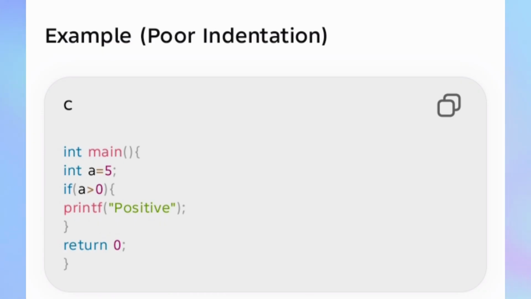Example of poor indentation: int main, int a = 5, compare with 0 and print positive or negative, return 0. There is no indentation in the code. Indentation is only for understanding the code and human readability.